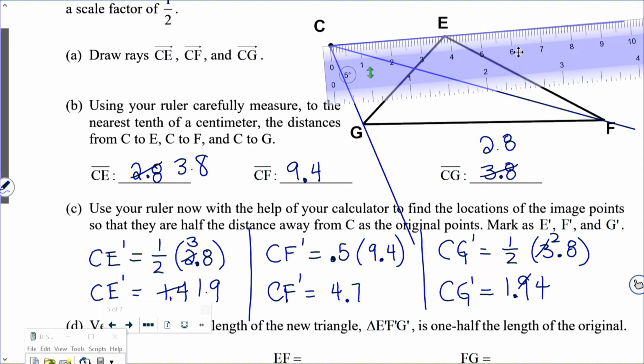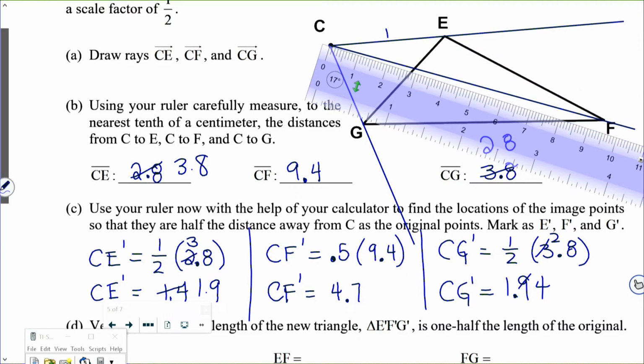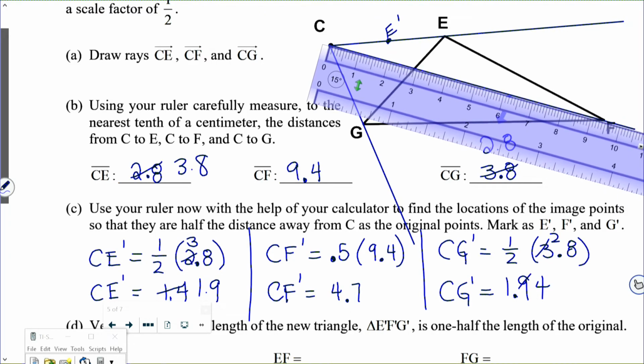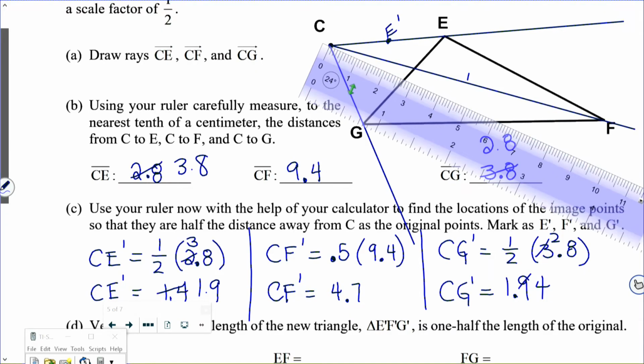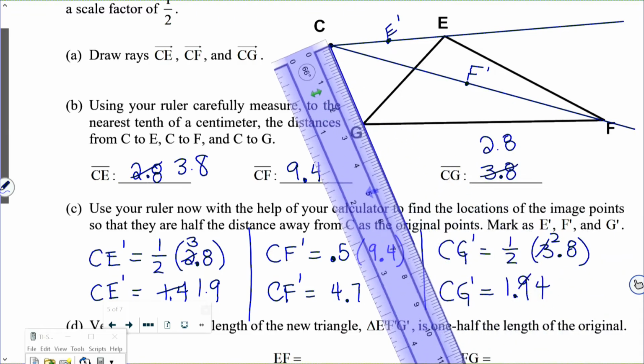All right, let's now do it. So CE prime should be at 1.9. So we're going to put that right here. Move this a little bit out of the way. And there's E prime. Let's now do the long one. Let's find F prime. That's going to be at 4.7. That's right there. Maybe I'll finish that off and call it F prime. And then finally, CG, right?